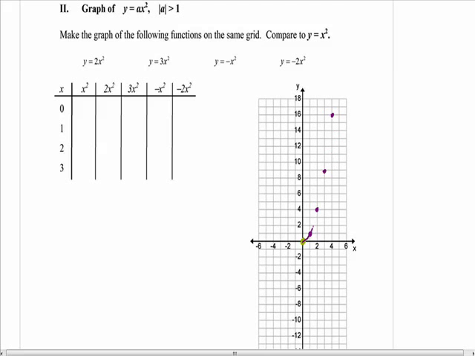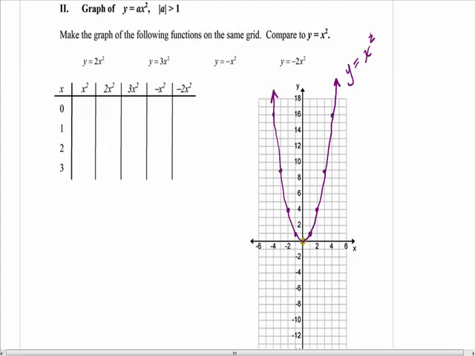Now make your parabola by curving the lines together, and an arrow on the side. And then to get the other half, we're going to find its mirror image and plot that. There is the parent function, y equals x squared.